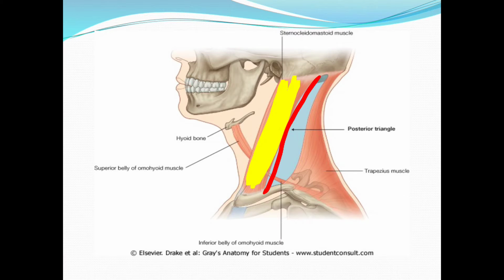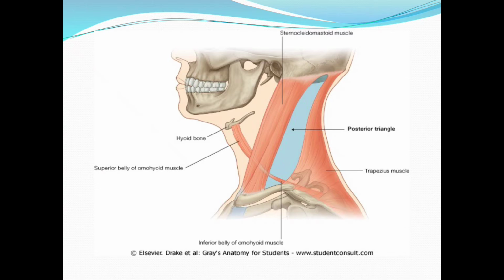You can see I have marked the sternocleidomastoid with yellow color, and the anterior boundary of the posterior triangle with red color. So the anterior boundary is formed by the sternocleidomastoid. Which border of sternocleidomastoid? The posterior border of the sternocleidomastoid muscle.